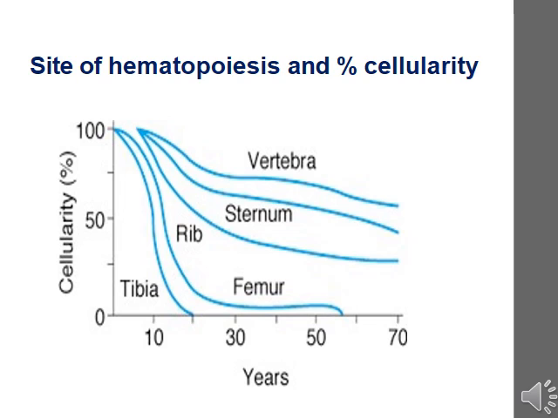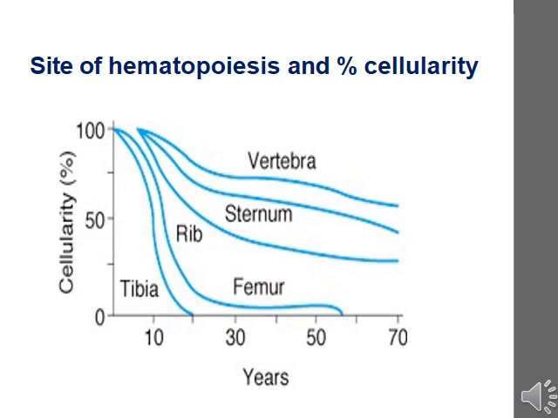So with the passage of time, production starts decreasing, and cells are produced more in the vertebrae, sternum and ribs, as compared to the femur and tibia, in around the 50s.